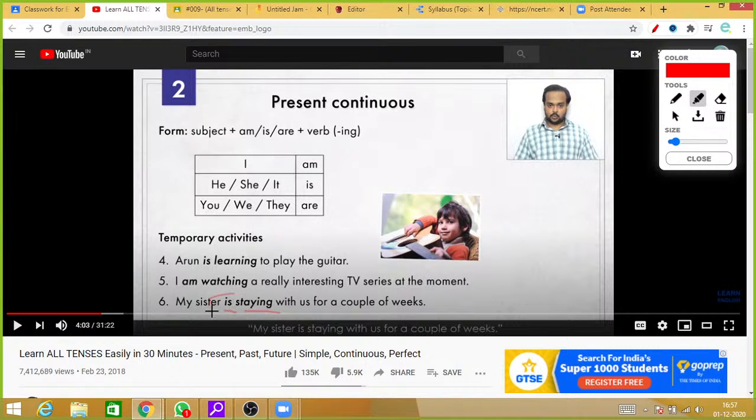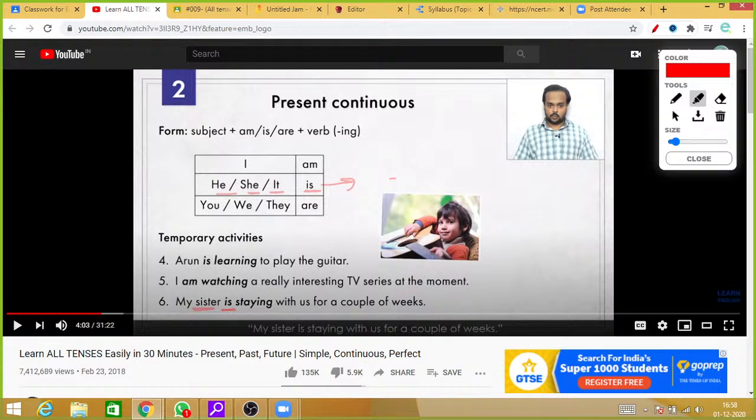But why have we used is? Helping verb. Why haven't we used are? Helping verb is fine. Why haven't we used are here? Tell me. Yes. So my sister is singular. So when he, she, it, we use is.